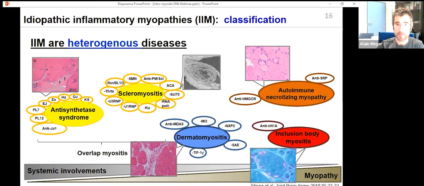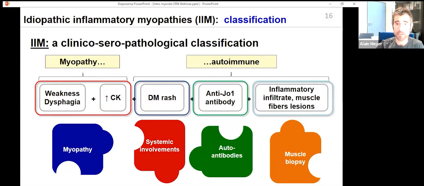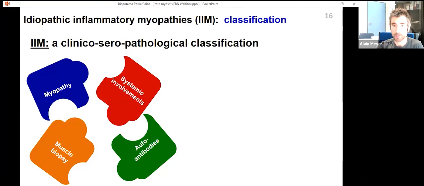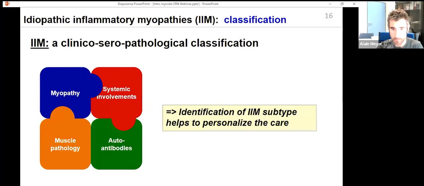And thus, the classification of inflammatory myopathies can be seen as the resolution of a 4-piece puzzle, including myopathy, systemic involvements, muscle pathology, and autoantibodies. And this is important as the identification of inflammatory myopathy subtypes helps to personalize the care.